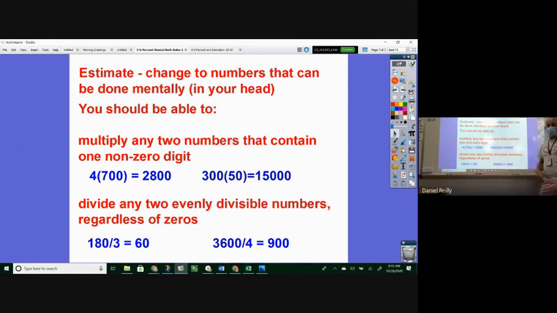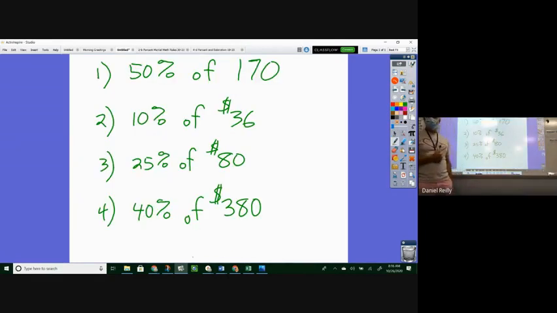Same thing with dividing, although dividing is not as common. These are the more important ones. So you should be able to do these pretty quick, like within a minute. Not the 7 one.